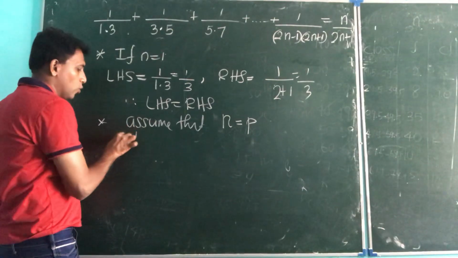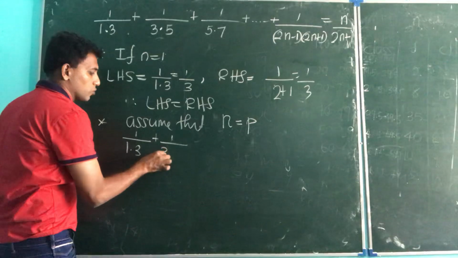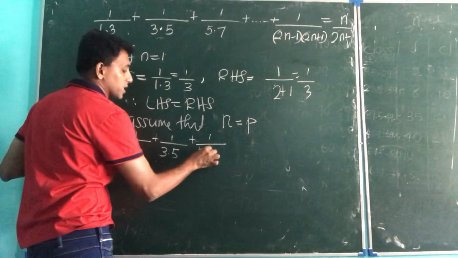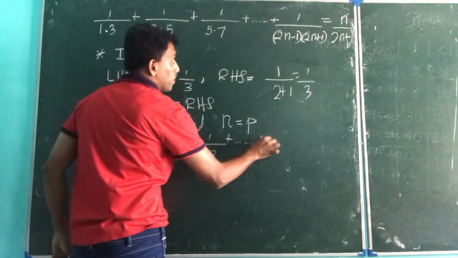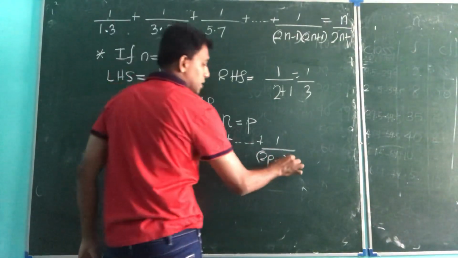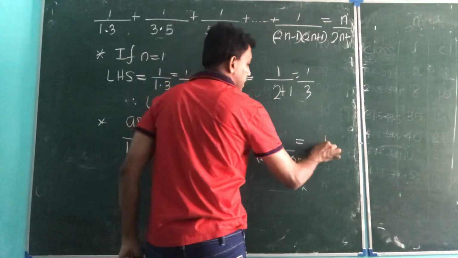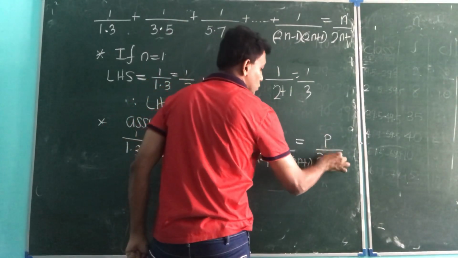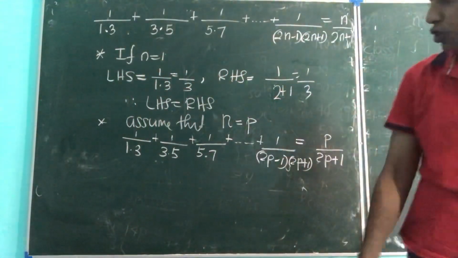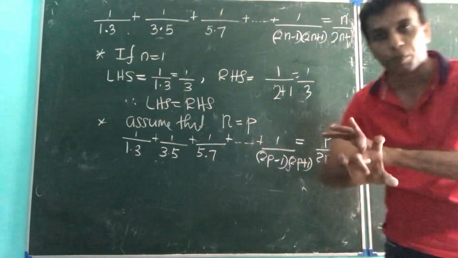So what is that? 1 over 1 into 3 plus 1 over 3 into 5 plus 1 over 5 into 7 plus ... plus 1 over (2p minus 1)(2p plus 1), right? Equal to what? p over 2p plus 1. This statement is the assumption, right? Assume that n equal p, this is true.